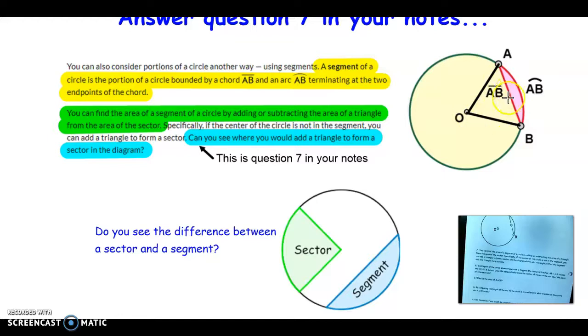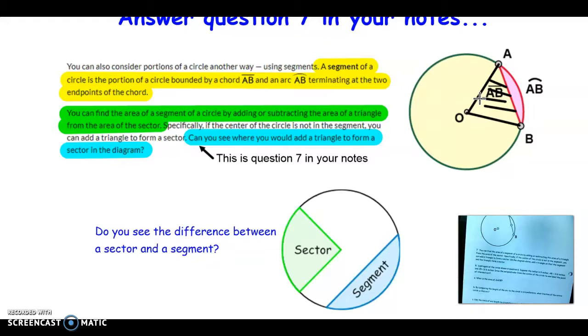Well, now this whole region here that's bounded by these radii and that arc is a sector. So if I find the area of the sector and I remove this area of the triangle, then I will have the area of the segment as a result. So that's how you need to find the area of a segment. Find the area of the sector and subtract the area of the triangle.